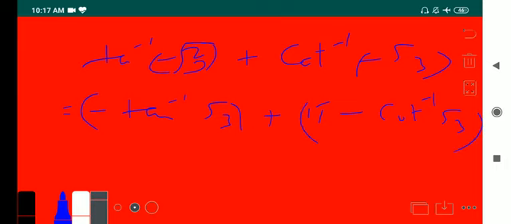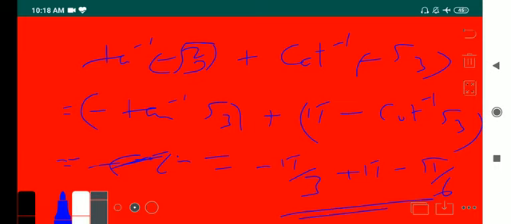And here for tan inverse root 3, in case of tan 60 the value is root 3, so minus pi by 3 plus pi minus, in case of cot inverse root 3, we know 30 degree is cot pi by 6, so it is pi by 6. So on solving this, we'll get the value of this expression.